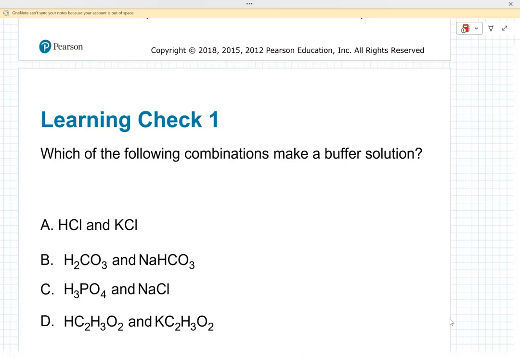Okay, so let me ask you this. I make a buffer. And this is the pH of the buffer. Sounds good? I start adding more and more acid.